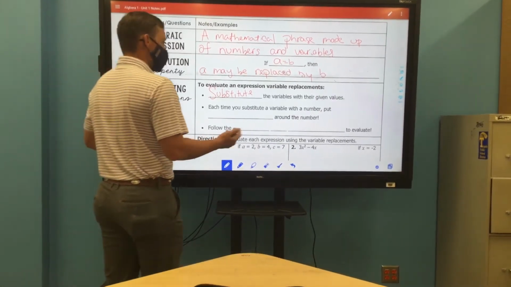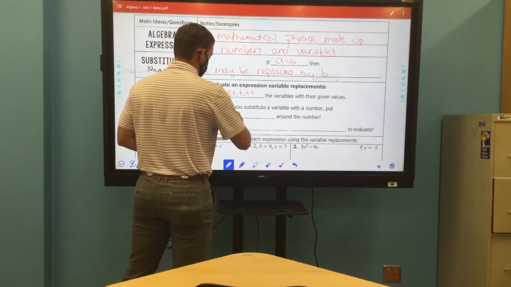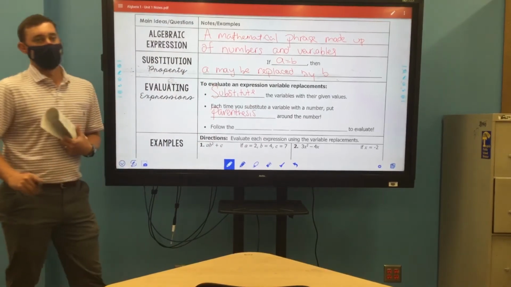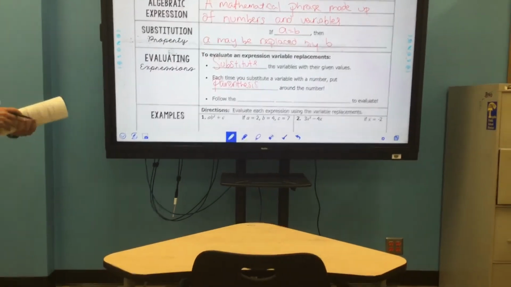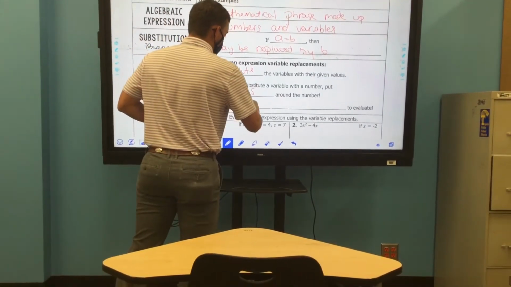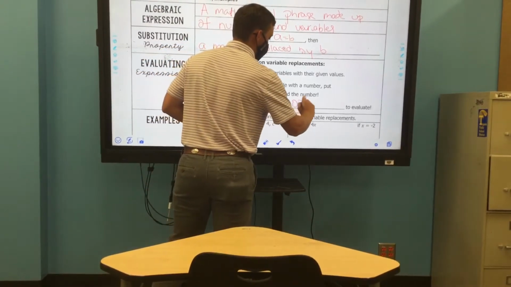Each time that you substitute, it's a good practice to put that in parentheses, just so you can remember what you substituted with, and it'll keep it separate. Okay, and then last of these little notes, you want to follow your order of operations.